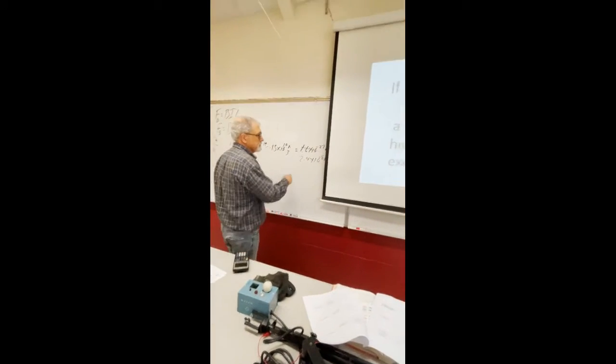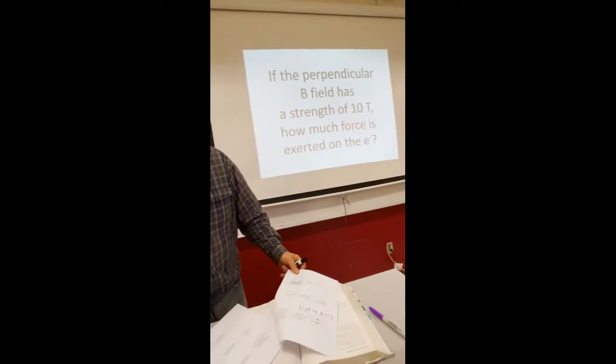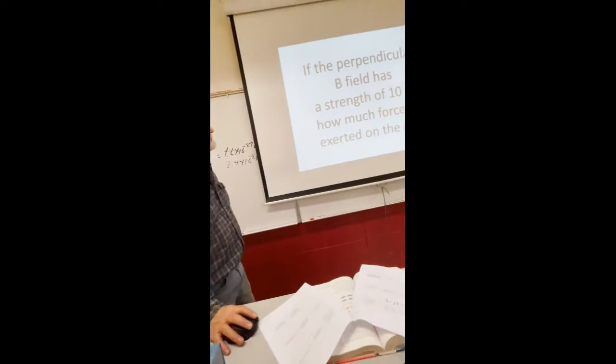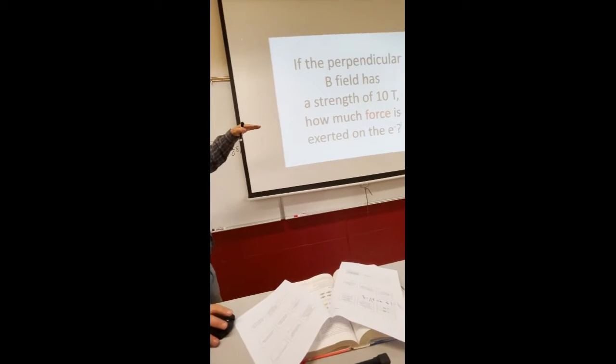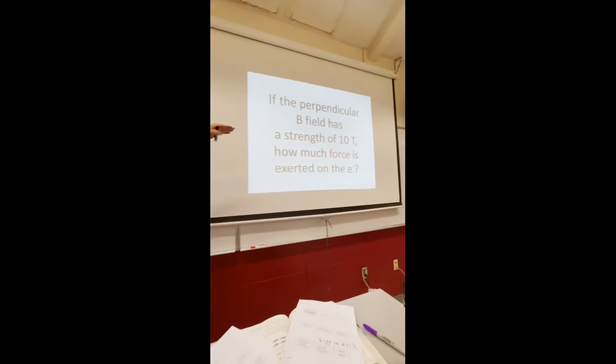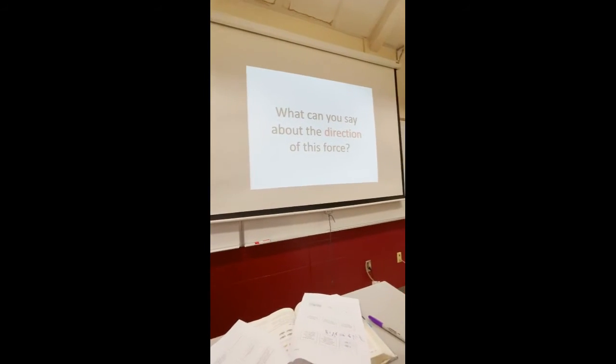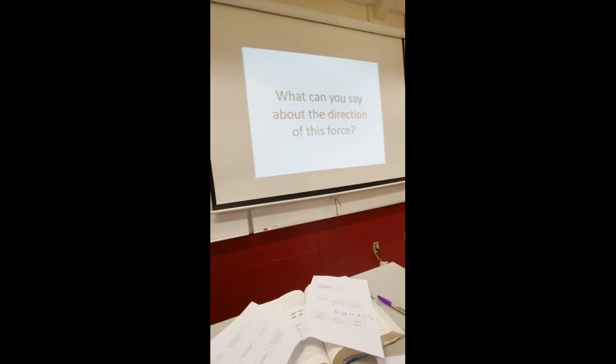Oh, I got it. Okay, so the electron is coming out of a gun going a certain speed, and it goes through a magnetic field that exerts a force on it. That's that much force. What can you say about the direction of this force?